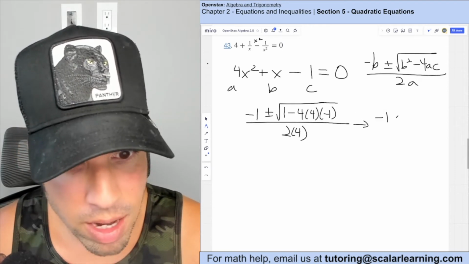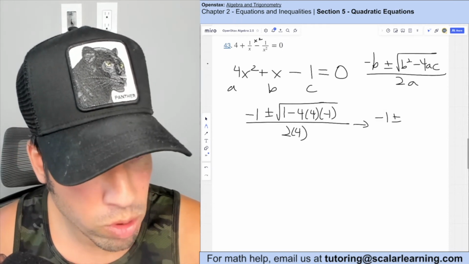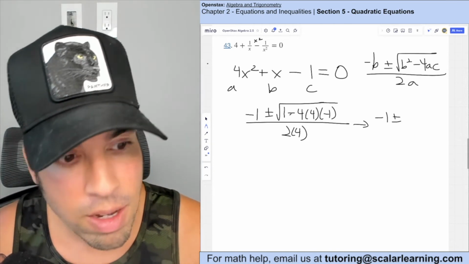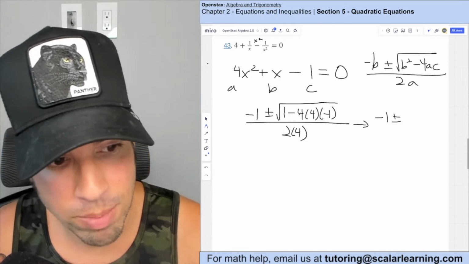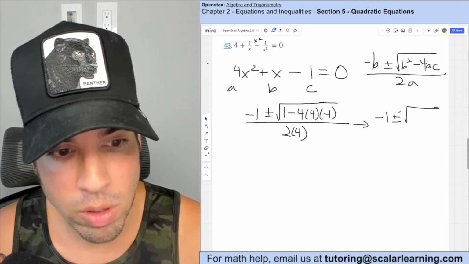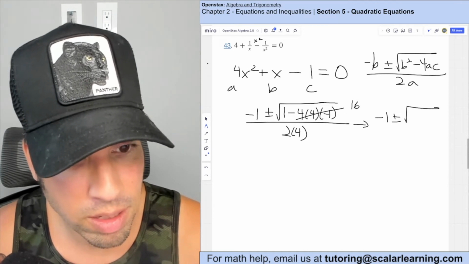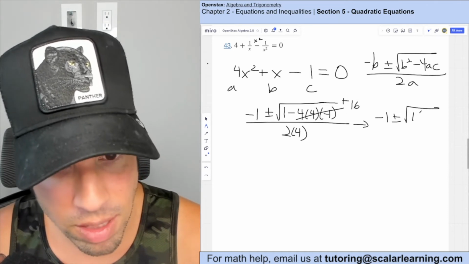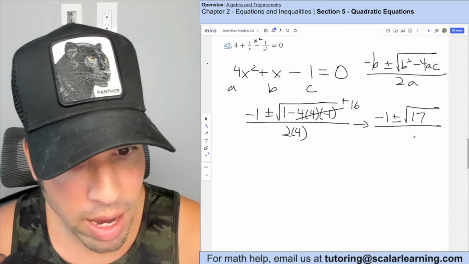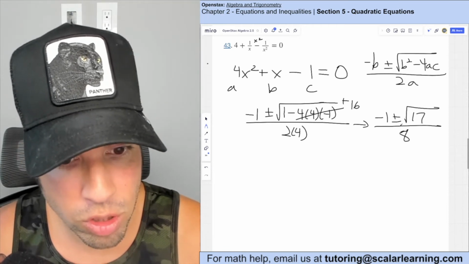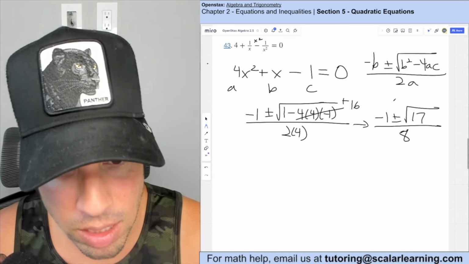As we simplify on the inside, 4 times 4 is 16. That's negative 16, minus negative 16 becomes plus 16. So it's like a 1 plus 16 becomes 17 over 8. And there are your two solutions: negative 1 plus or minus the square root of 17 over 8.